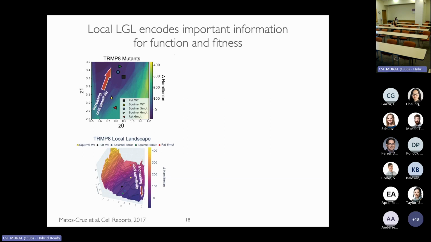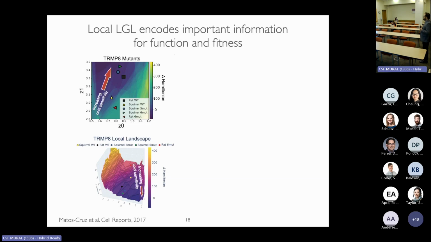So this is another example, a TRPM8 protein. This is a sensor. It's a transport protein, and it senses temperature. So it's a cold-sensitive protein. And there was a very interesting paper, Matthews Cruz et al. What they did is they realized that squirrels that hibernate have a variant of this protein that makes them less sensitive to cold.